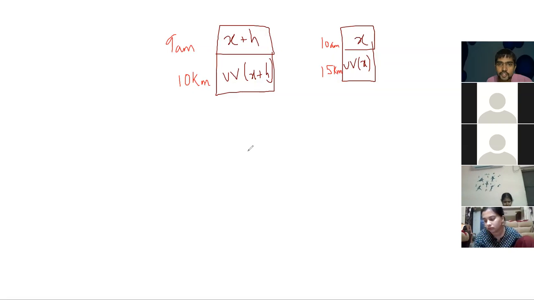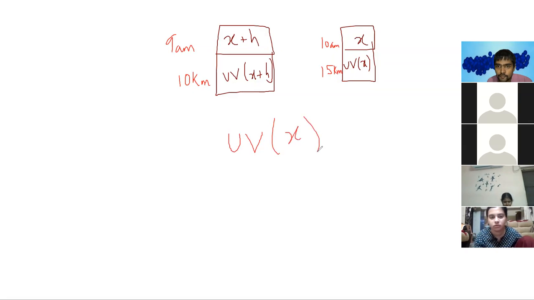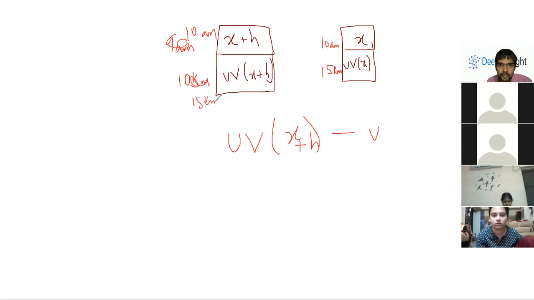Now, what is the change in position for a function uv? It is uv of x plus h. Sorry, this would be 10 o'clock, final, x plus h, and 15 kilometers. And x would be 9 o'clock and 10 kilometers.